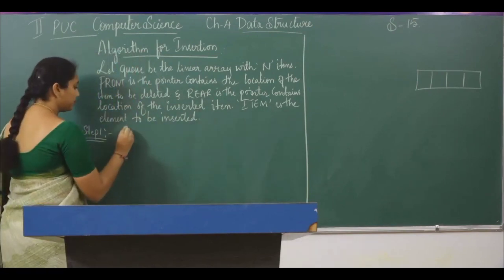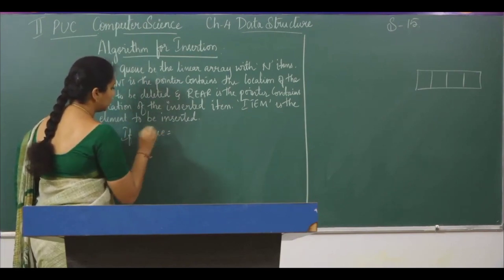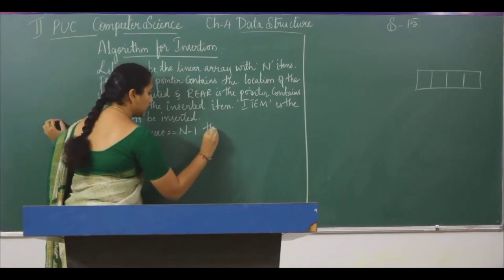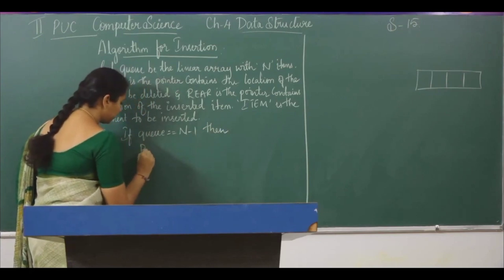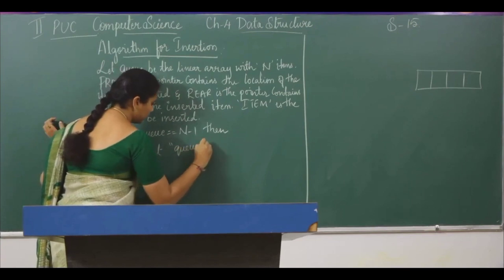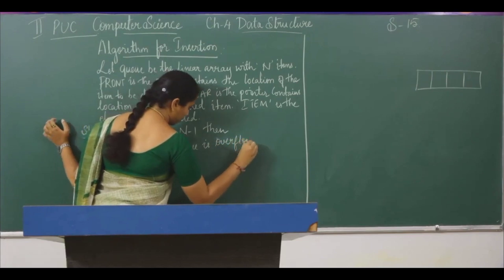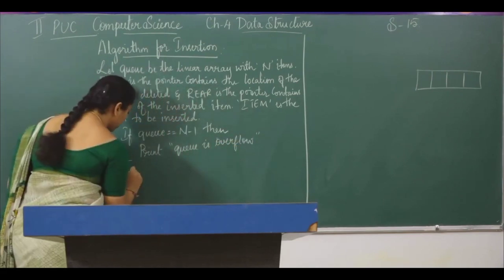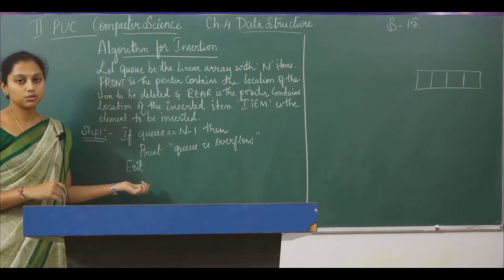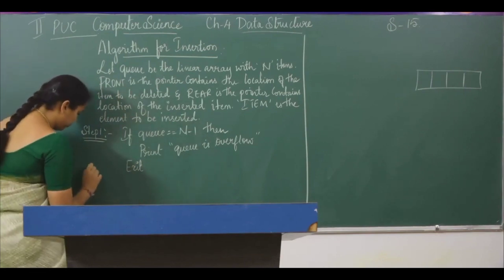So if rear of Q is equal to n minus 1, then print Q is full, or we can say it as overflow. If it is overflow, we cannot insert an item into the queue, so we are returning from the queue.